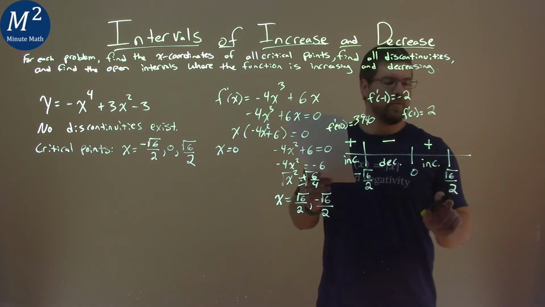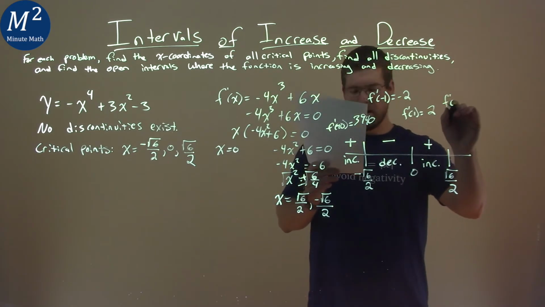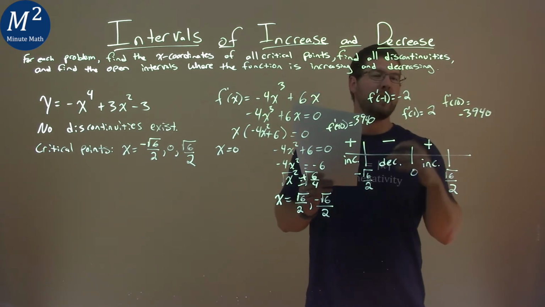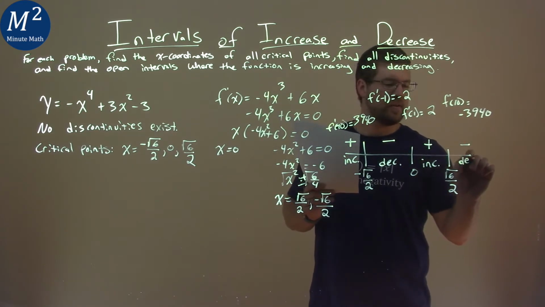And then lastly, we'll go higher on the interval. I picked positive 10, and f prime equals a negative 3,940, but it doesn't really matter what the number is, it's that it's negative. And so we are decreasing here.